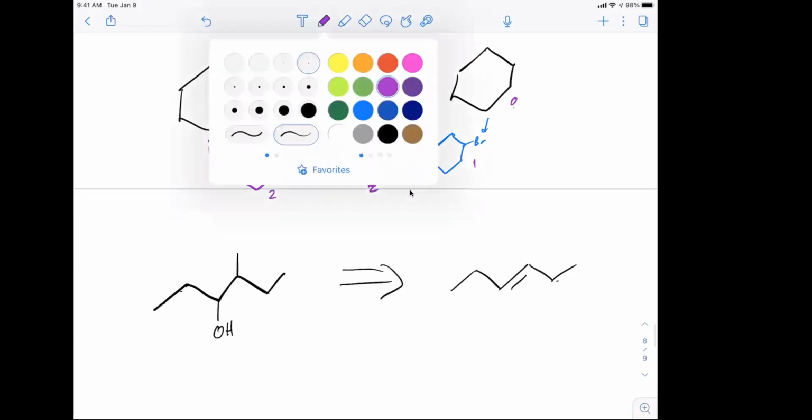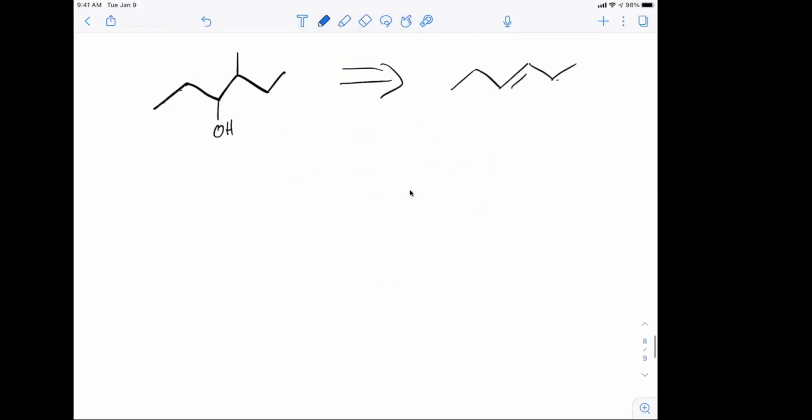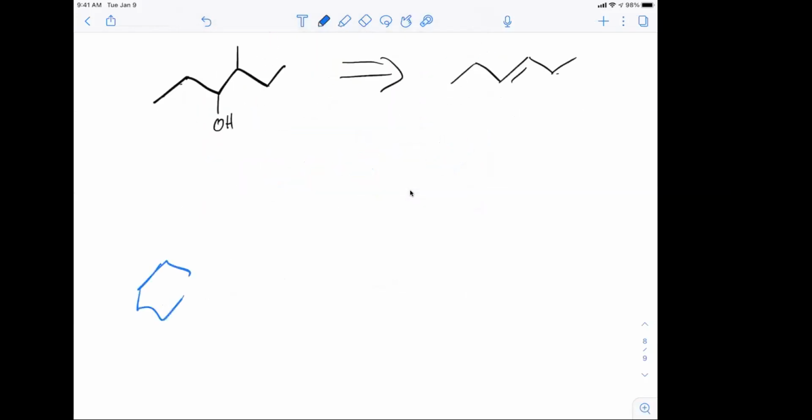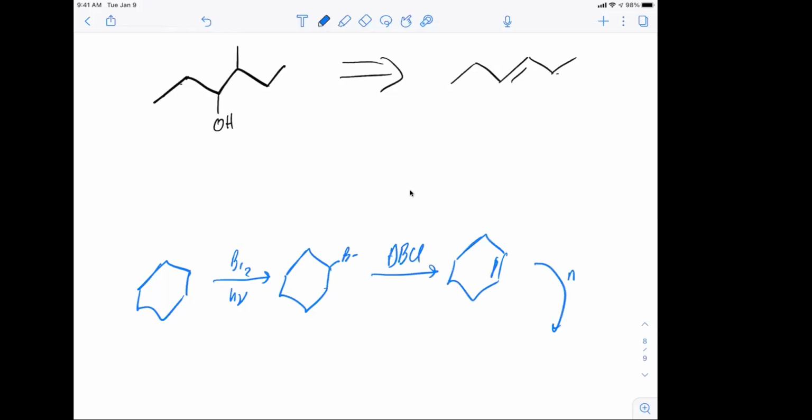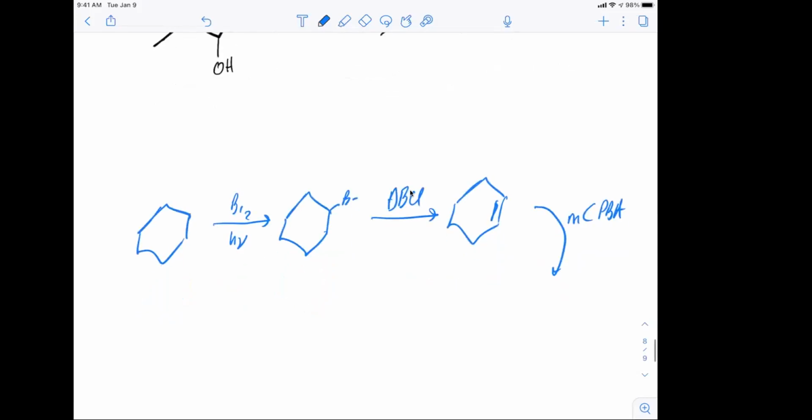Okay, to give us room, I'm going to give the answer a little bit lower. So we start with this. We're going to react that with radical bromination to get the bromine, and then I'm going to do DBU or something like that to give me the elimination. I could have also used an alkoxide. Then I'm going to do the epoxidation. I've got several options there, but it has to be a peroxy acid, so MCPBA is a good one.